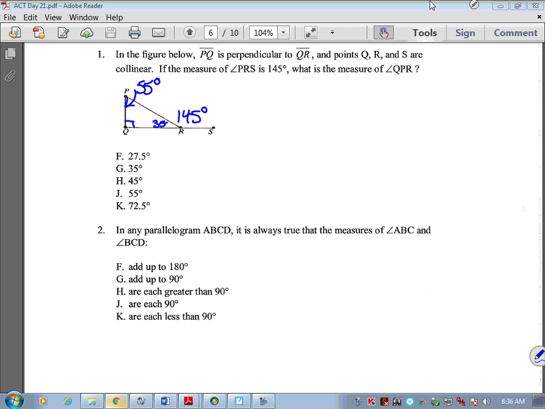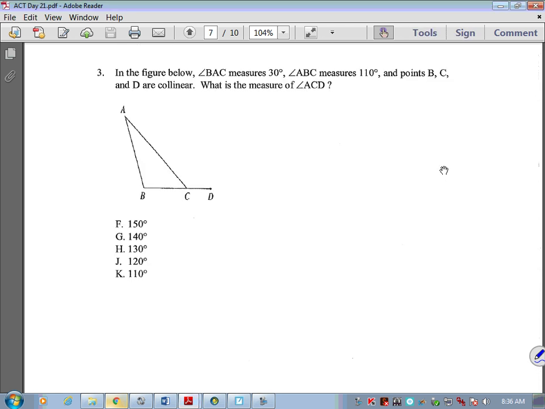Nobody on 2? Okay. 3. Kind of the same type of thing. In the figure below, angle BAC is 30 degrees. Angle ABC is 110.